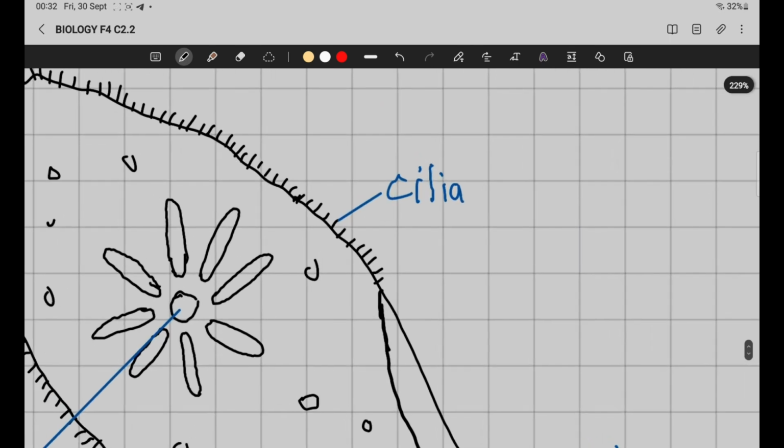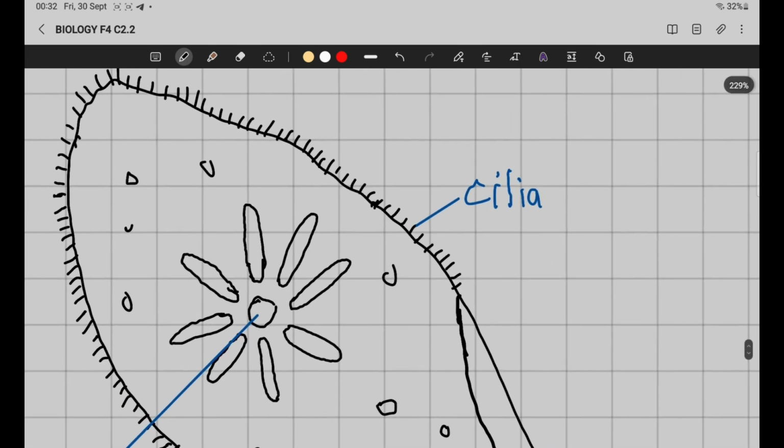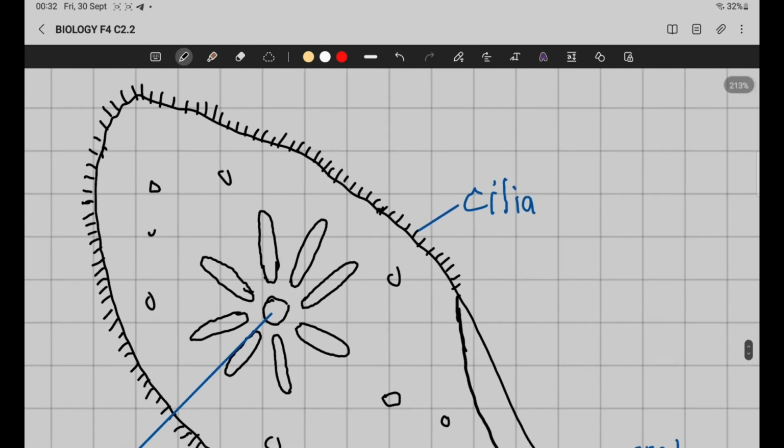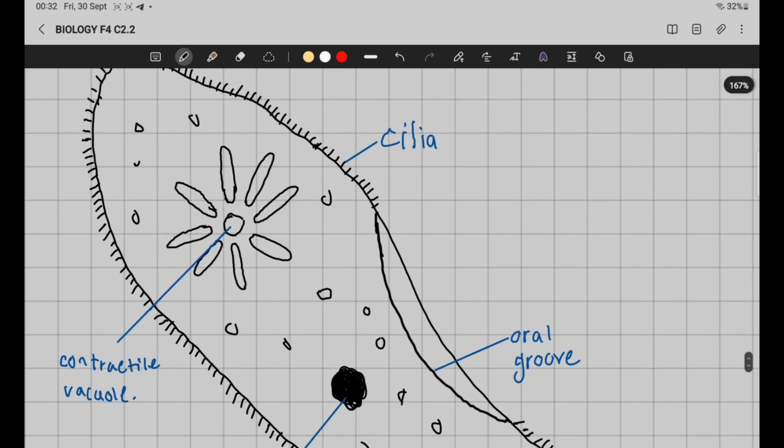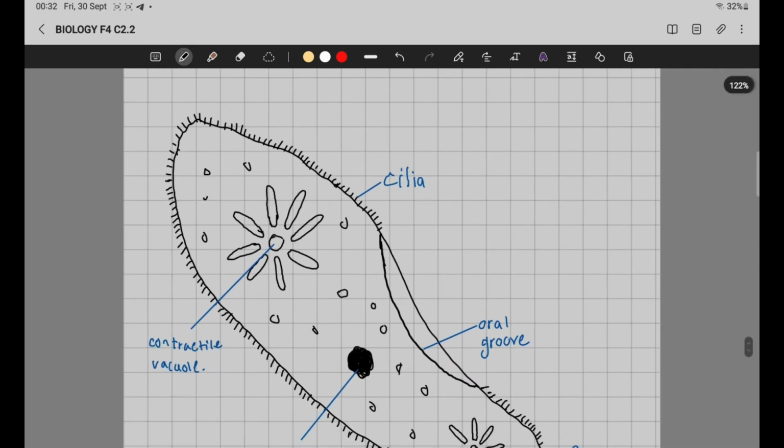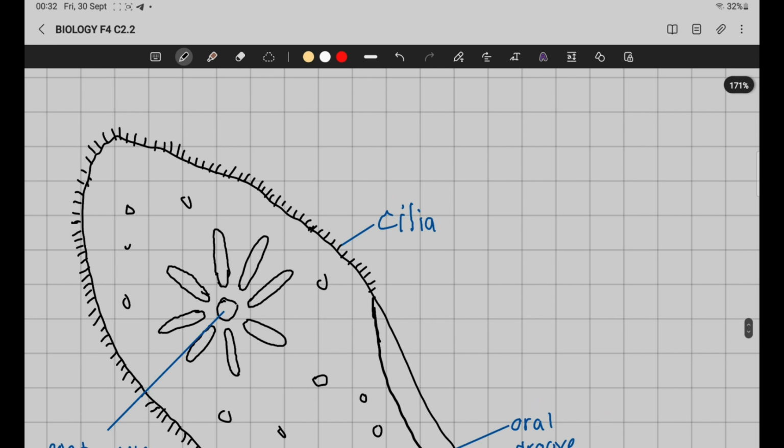So here are the key structures of the paramecium, which may not be present in other unicellular organisms. First, we have cilia. We need to know about the cilia because they play an important role in nutrition and movement of the paramecium.